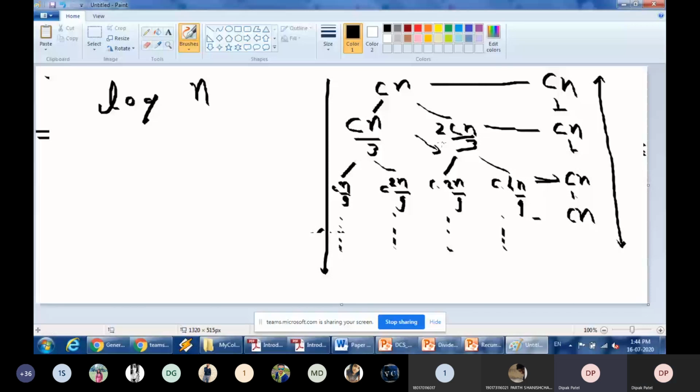We'll take that part because the dominating part will be 3 by 2, as that branch will last long. So the height is affected by that division. The height of the tree is log n. Log n, dividing the number by how much? By 3 by 2, so that will be the base. So this will be the height.